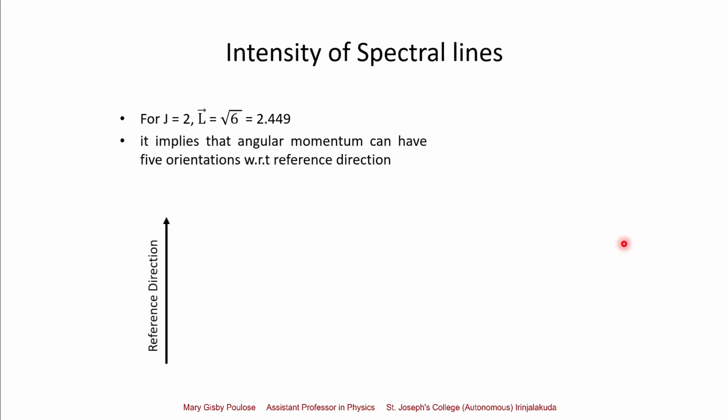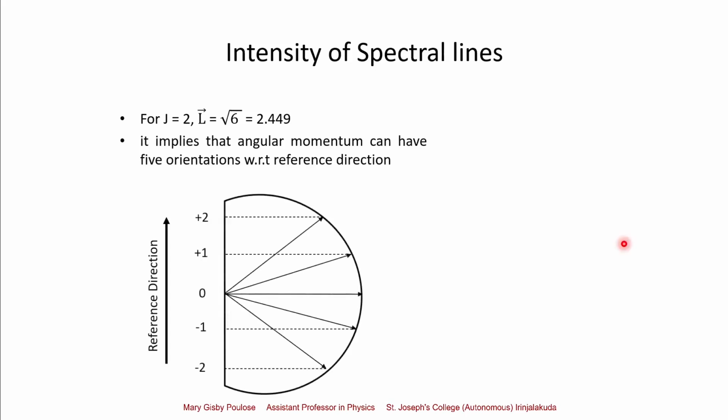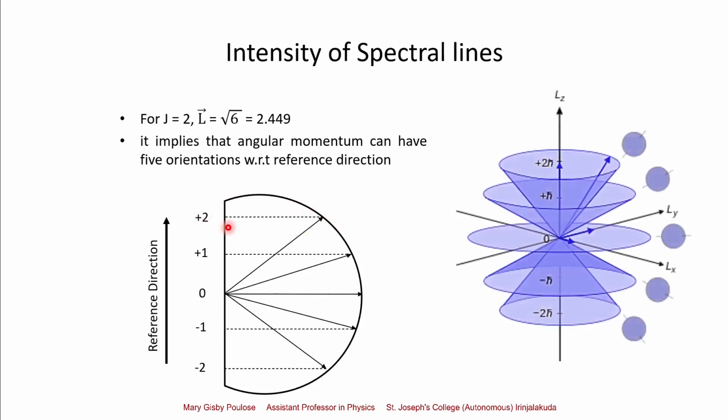If this is the reference direction, the angular momentum can have values 0, plus 1, plus 2, minus 1 and minus 2. So the molecule will rotate along the surface of this vector, and that can be visualized here.